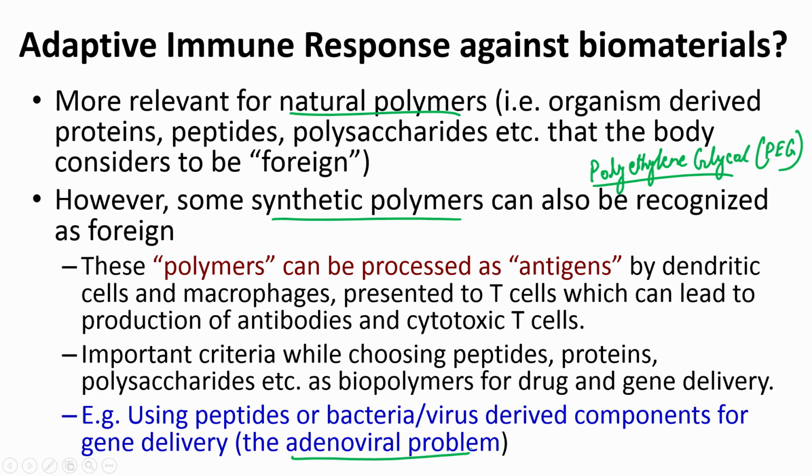When the field started for gene delivery, and we will talk about gene delivery in a few classes, adenovirus, which is one of the viruses that is very efficient in infecting human cells, was used to deliver the sequence or gene that you wanted. But then this virus gets very easily recognized by your immune system because it is of viral origin. It has lots of patterns that the immune system can recognize, plus the proteins that this virus has, and the coat protein at least, all of this is fairly immunogenic. So that became a big problem because the body was starting to clear these out.